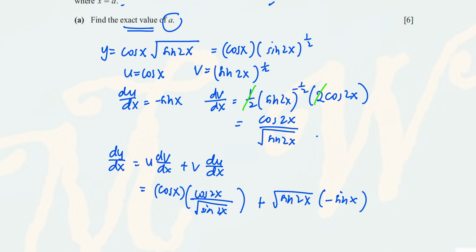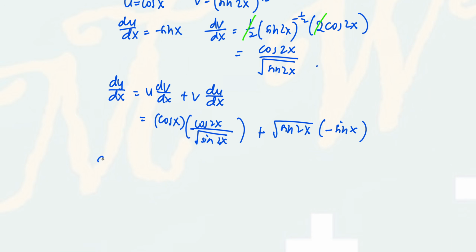And now we need to write at M, dy/dx equals 0, x equals a. Okay, so at M dy/dx equals 0 because it's a maximum point, then the x equals a.